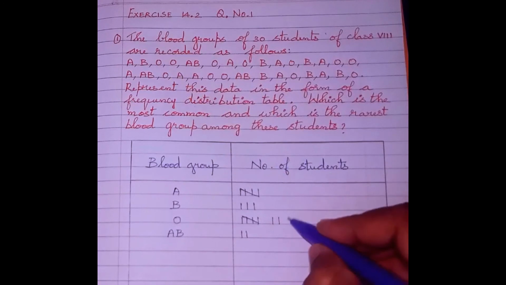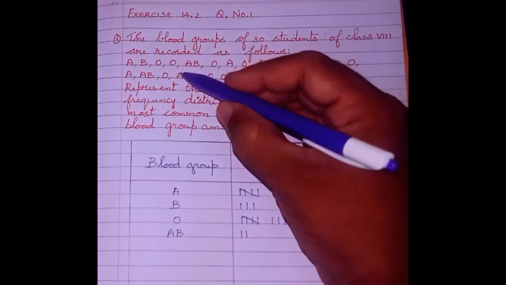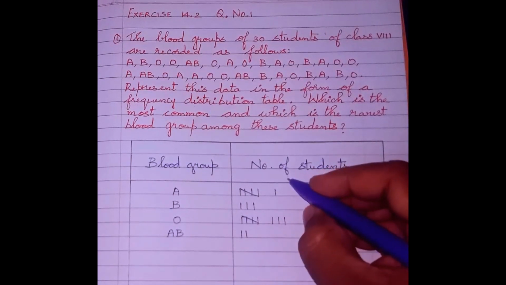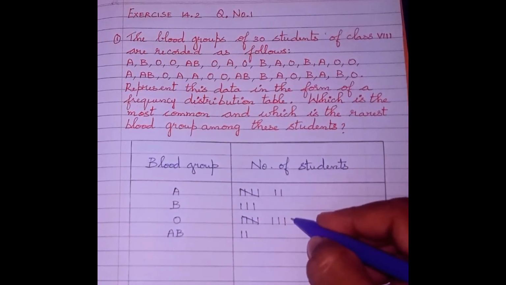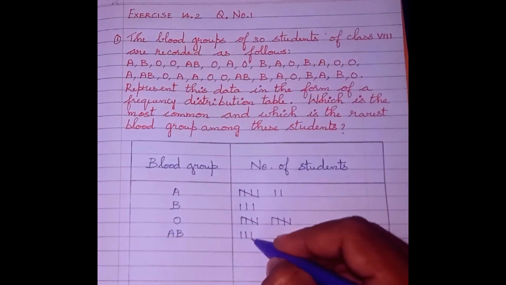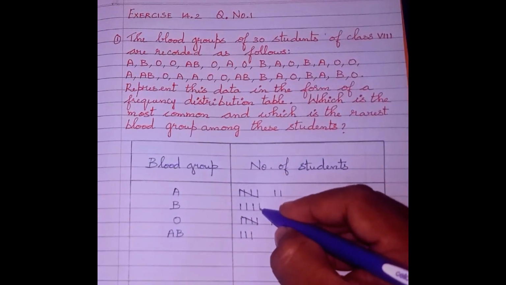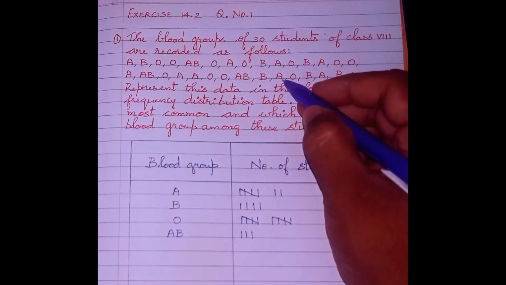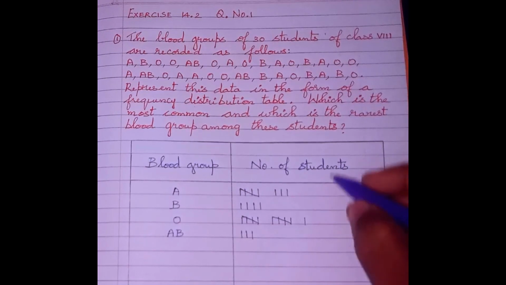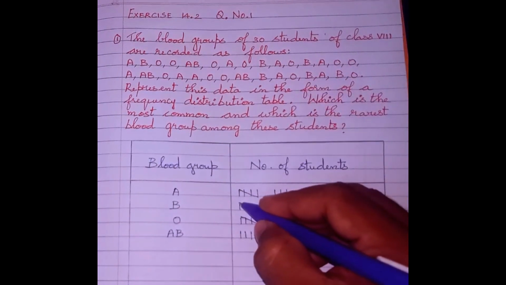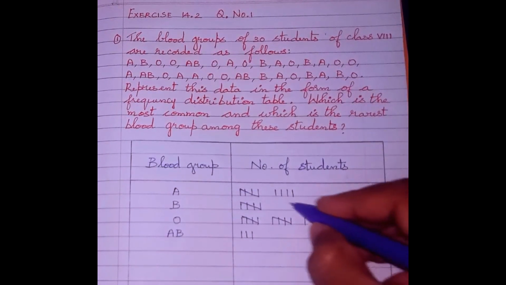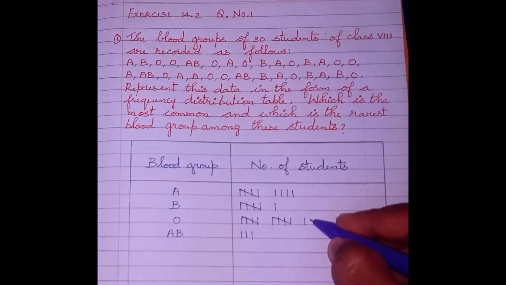Next one we have O. Then next one A. Again we have another A. Then O, again another O, then we have AB, then we have B, then we have A again, then O, then we have B. Now this is the 5th one, you make it across. Then we have A, then a B, then O.